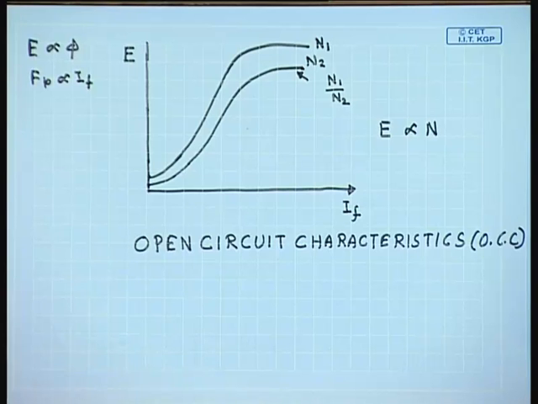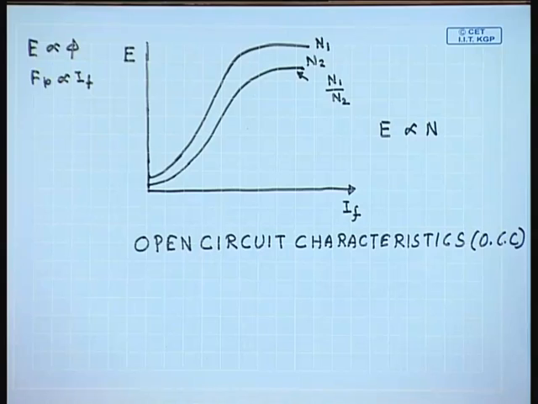A few other things: while determining the O.C.C., the field current should be either continuously increased or decreased. It should not alternate, because if it alternates, then the flux in the core will show a local hysteresis and will introduce error in the O.C.C.